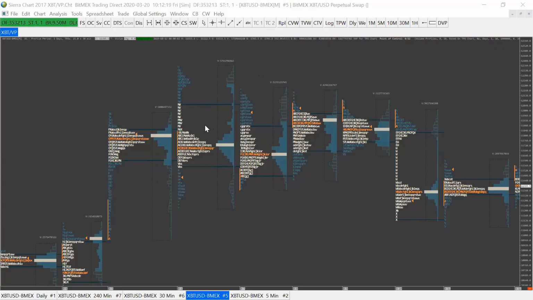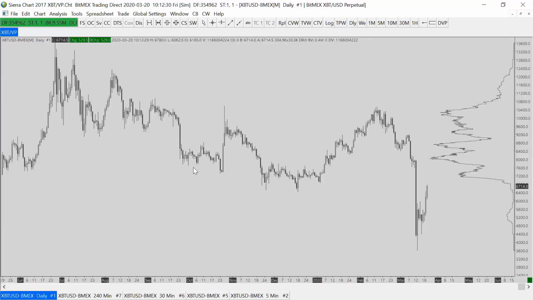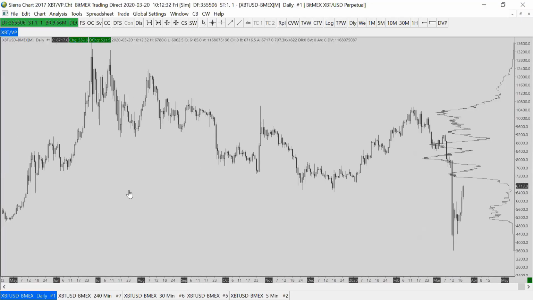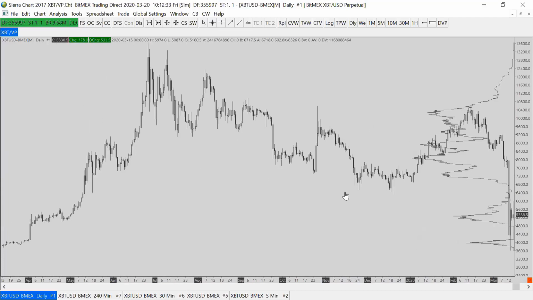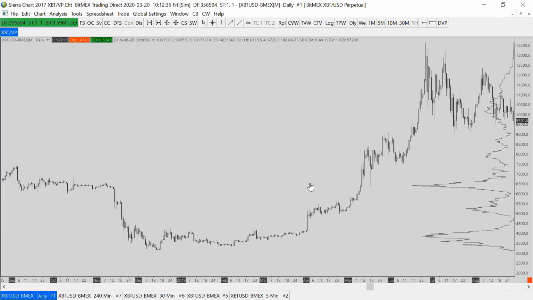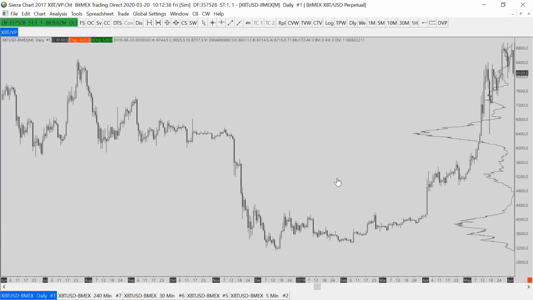All basic stuff so far. So let's see if I can get an example on the composite profile. Okay, these are nice examples.